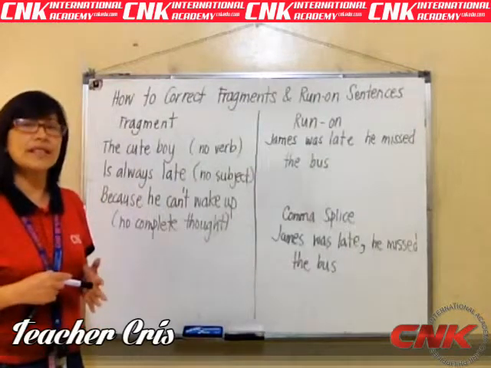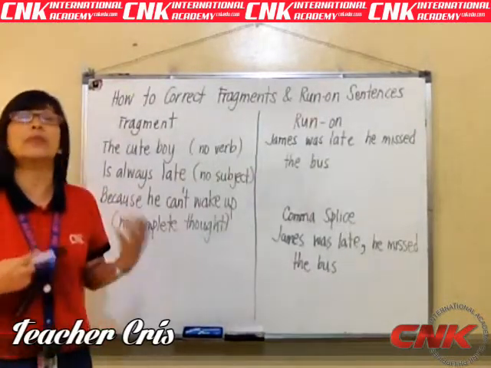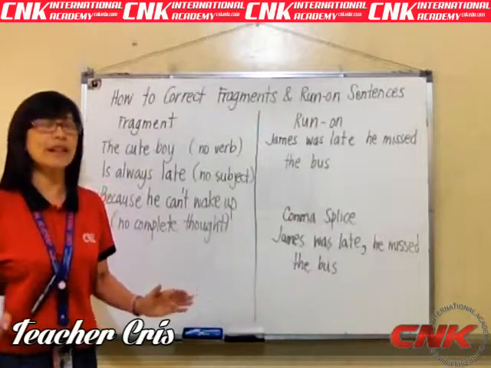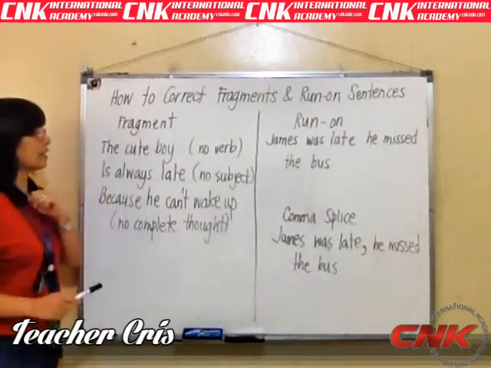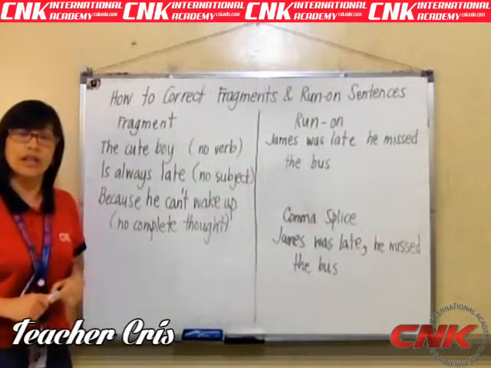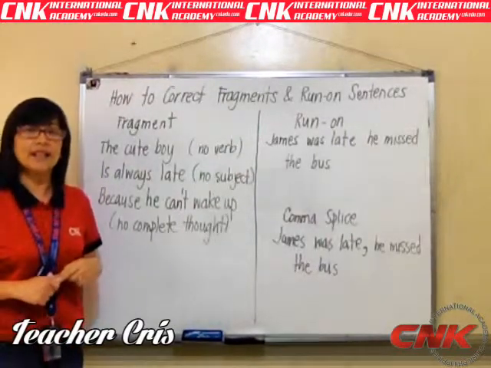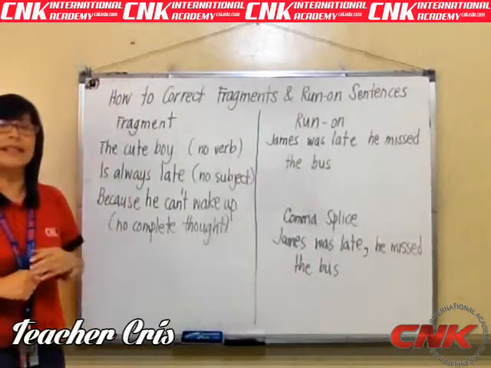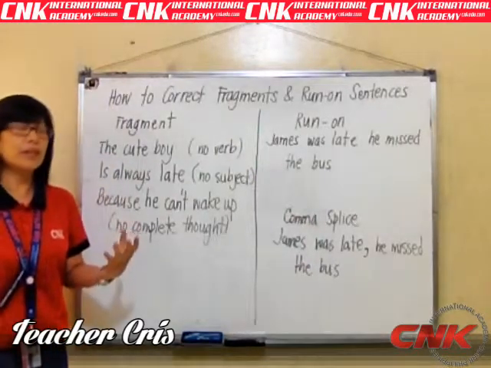Okay, from the word itself, fragment means just a part. So meaning to say it's not complete. So when you write a sentence in this way, for example, "the cute boy," do you understand it? I believe not, because these words need more words to be complete.